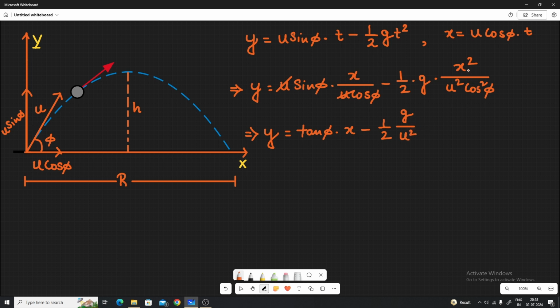What is the value of 1 by cos square phi? It is sec square phi. That means sec square phi into x square.